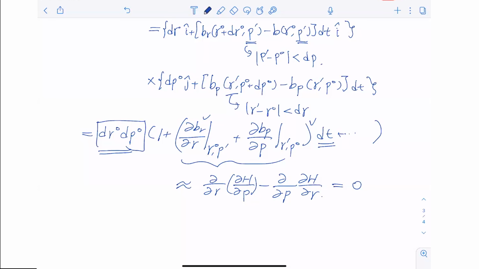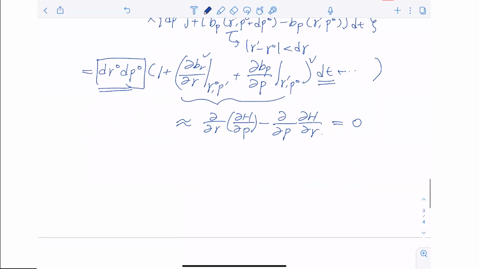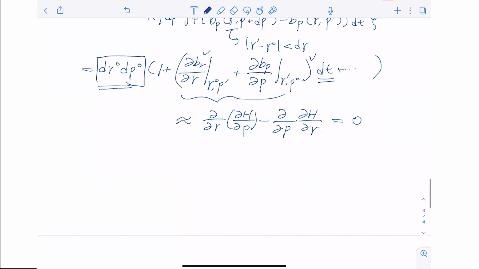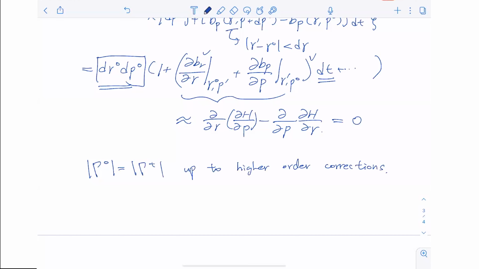Because of that, when the element goes to infinitesimally small, this correction will be gone. So at the short evolution time dt, we can actually show that the volume is exactly equal to gamma t, up to some higher order corrections.